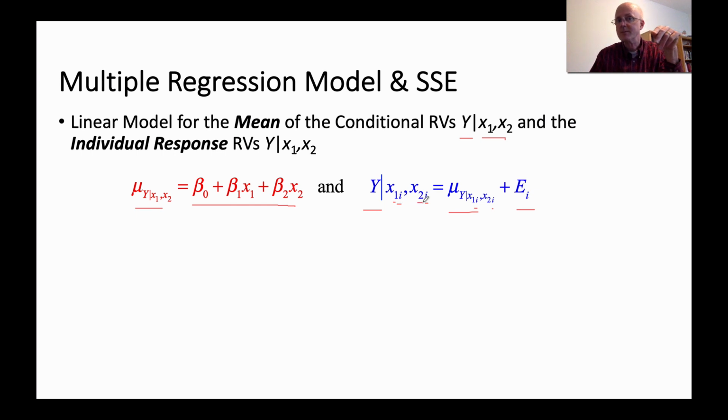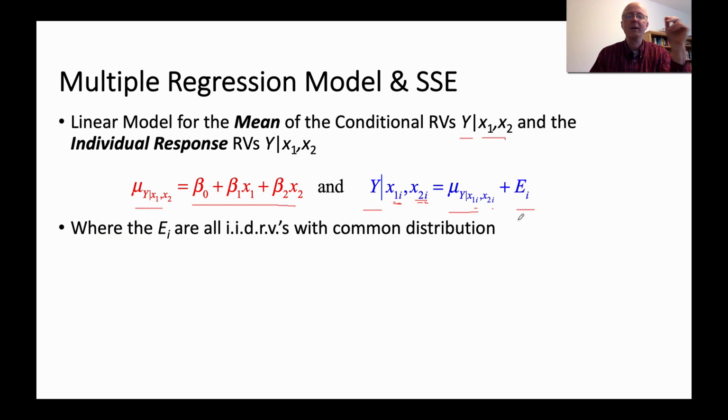The 2 here corresponds to the second coordinate, and the corresponding 1 would correspond to it being the first data point, x1,1 comma x2,1. But then I would go to the second data point. I'd have x1,2 comma x2,2. The 2 that comes in the second spot in each case emphasizes the second data point. Through, etc., n data points, I'd have x1n and x2n as being the last one. That's why I've added on the extra i's in these spots here.